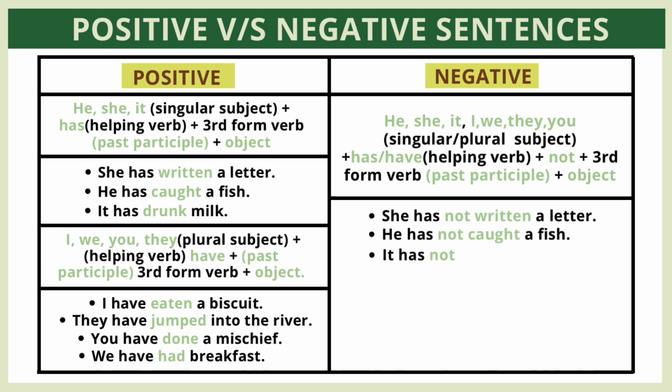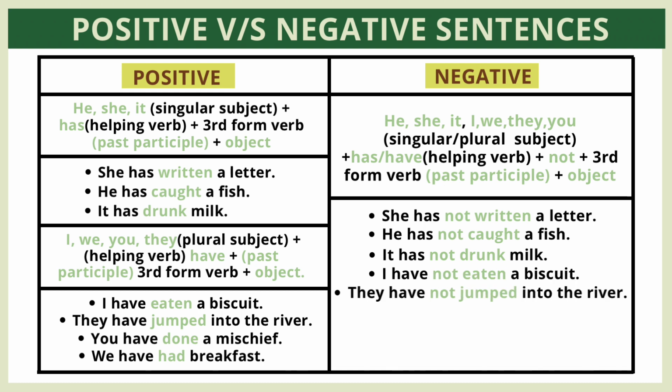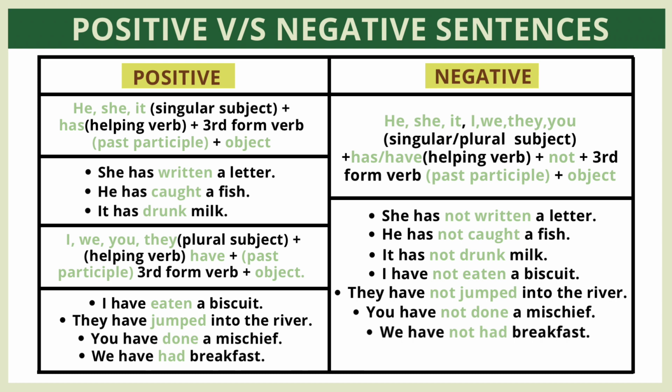It has not drunk milk. I have not eaten a biscuit. They have not jumped into the river. You have not done a mischief. We have not had breakfast. By just adding not to a positive sentence, we convert it into a negative sentence.